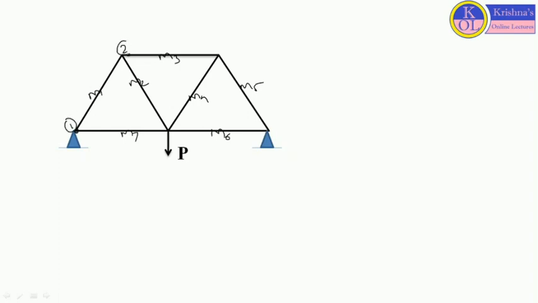So 5 joints we have, and external loading we are considering over one joint only, and because of this external loading we will consider axial loading in each member according to the external load. So in this form we can define the axial loading in the members according to this external load.